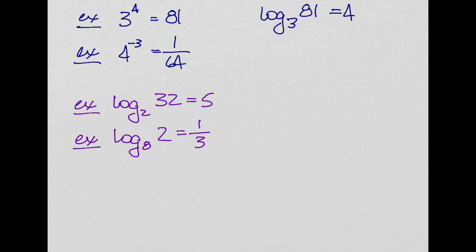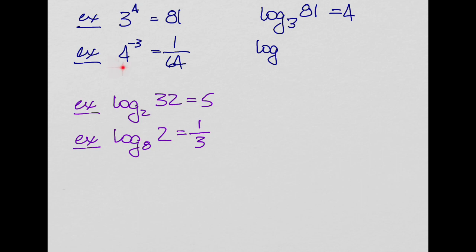Give the next one a try. Pause for a second. See if you can do it. And I'll do it. We'll make sure we got the same thing. So I have 4 to the negative 3 power equals 1 over 64. If you remember rules of exponents, negative exponents put things in the denominator. So this is a true statement as it stands. I'm going to write log.